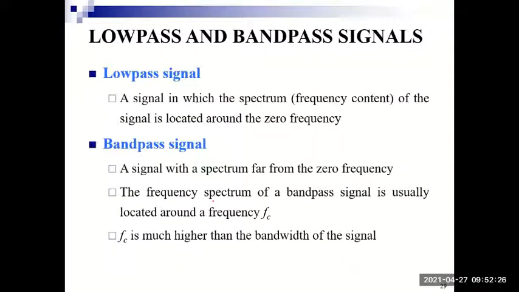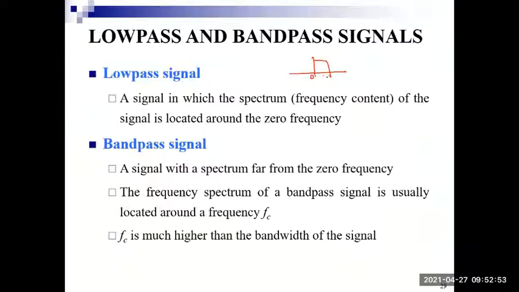Next, let's see what low pass and band pass signals are. Very important in communication. In all communications, we commonly talk about low pass and band pass signals. A signal in which the spectrum, when I say spectrum, it is the frequency content of the signal, is located surrounding the zero frequency.